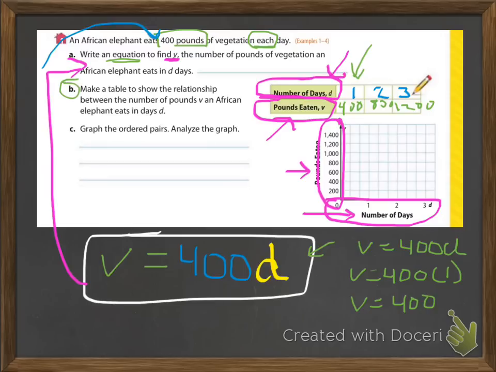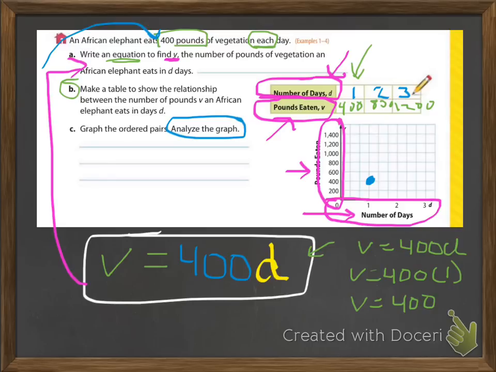Then it says to graph the ordered pairs and analyze the graph. On your test, analyze the graph is a separate question. So the third one will say graph the ordered pairs. When D is 1, V is 400. So we'll go to the 1 right here and go up to the 400 right here, and make a dot.